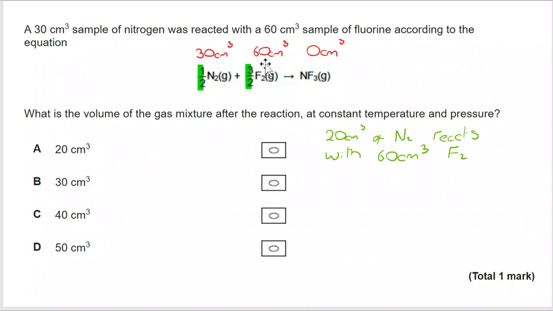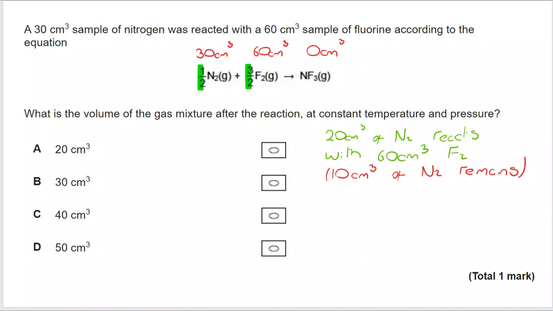And at the beginning, I've got 60 centimetre cubed of fluorine and 0 centimetre cubed of nitrogen fluoride. I know from the 1 to 3 ratio that my limiting reagent is F2. 60 cm cubed of it will react by reacting with 20 centimetre cubed of the nitrogen. Now that means 10 centimetre cubed of the nitrogen remains unreacted.